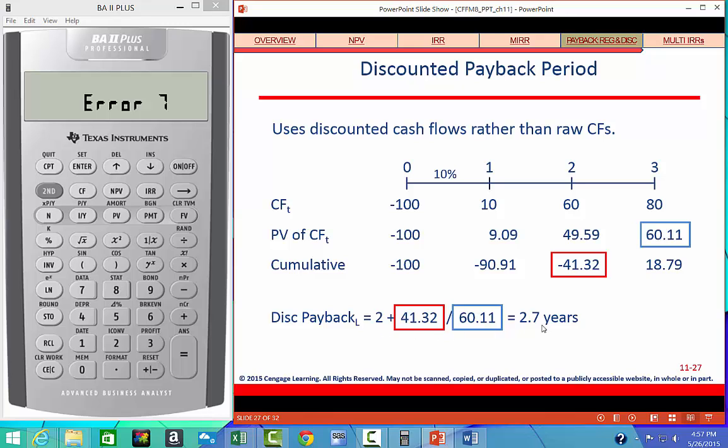And you can see that the discounted payback now for Project L is 2.7 years. And so they may have a rule, again, where they say, as a company, I only accept projects with a discounted payback of 2.5 years or less. And so this project would be rejected because it's at 2.7 and it's over the limit.